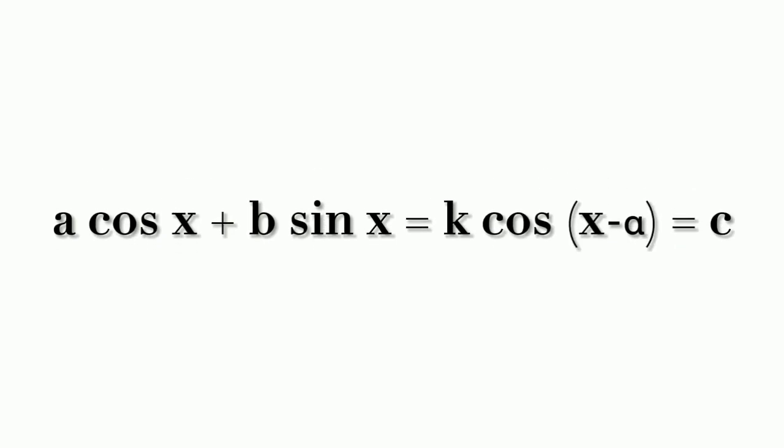And for the last formula, in order to do our upcoming equations, we need to memorize the formula of a cos x plus b sin x equals k cos(x minus alpha) equals c.